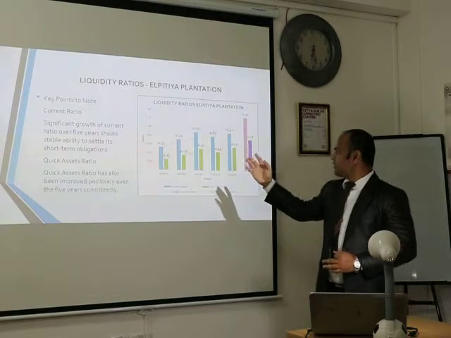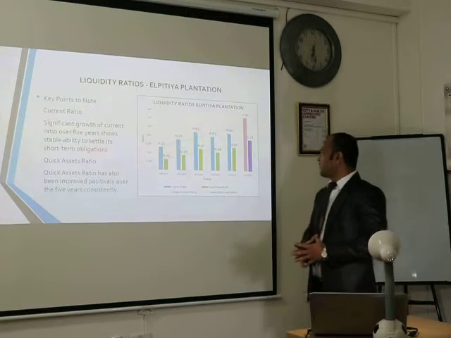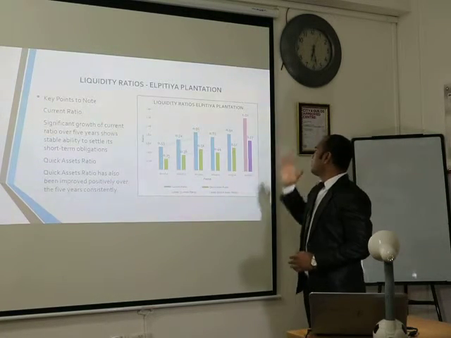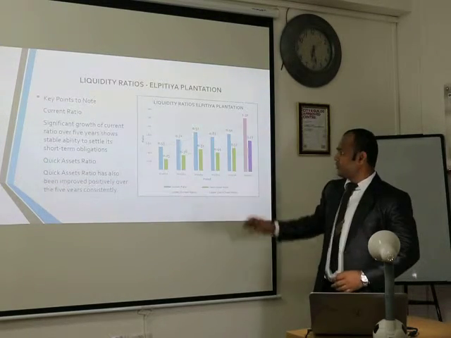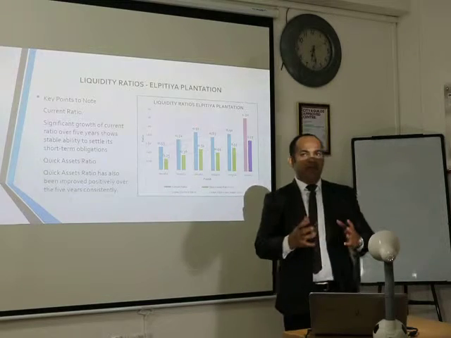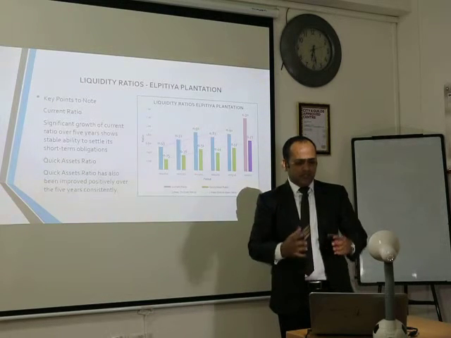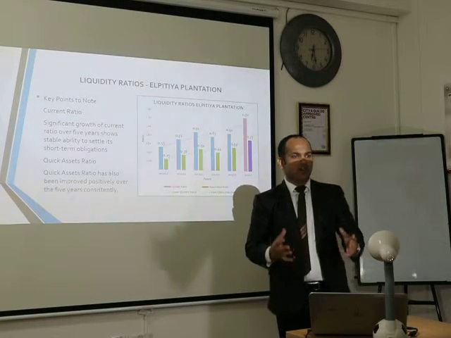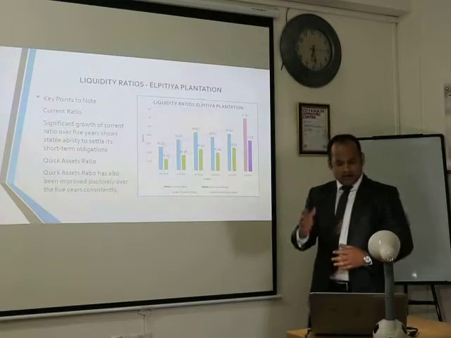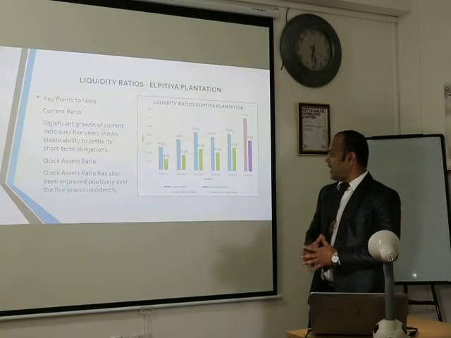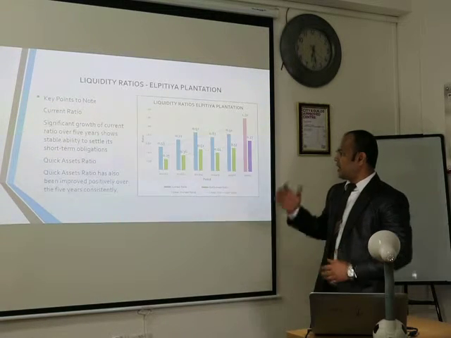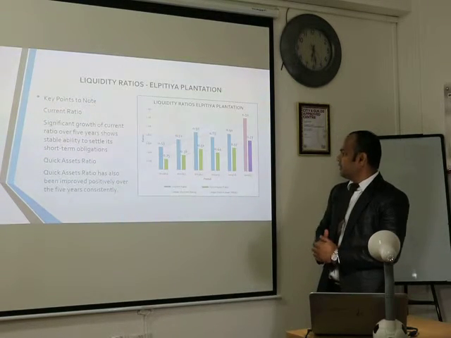The current ratio has increased from 0.53 to 1.3, which is a great achievement. This ratio shows the company's ability to settle its short-term obligations with its current assets. It can be said it is a satisfactory level.